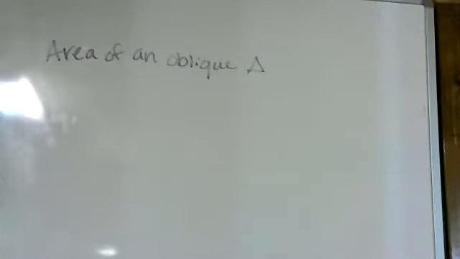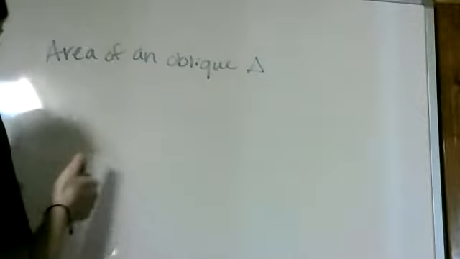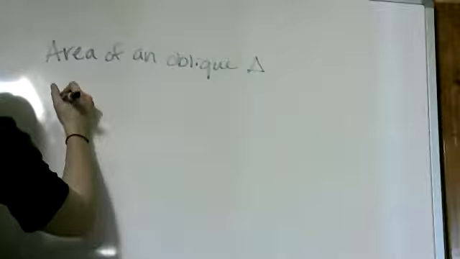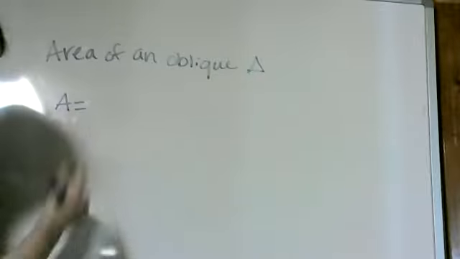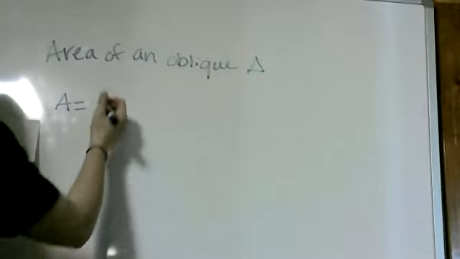Okay, so finding the area of an oblique triangle. You're going to have three different versions, and this is all going to be dependent on what measurements you are given. So the area can be one of three things.